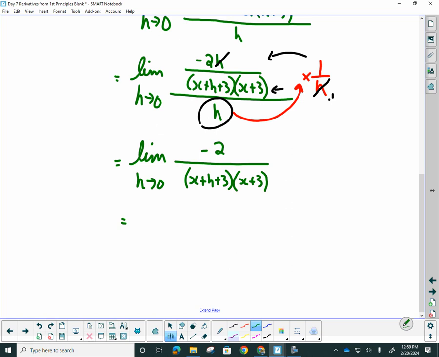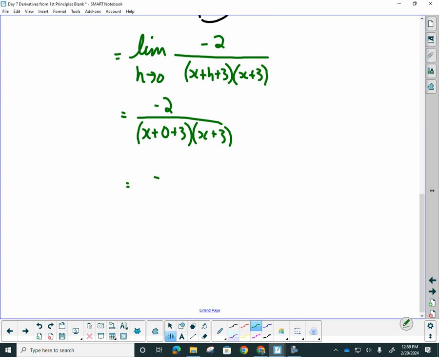So I'm going to do that. Negative 2 on the top, there's no h there. The bottom I had x plus h, but now it's going to be x plus 0 plus 3. There's no h in the second part. X plus 0 plus 3. Well, that looks like x plus 3 times x plus 3.